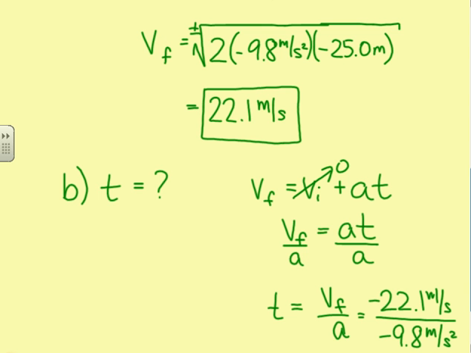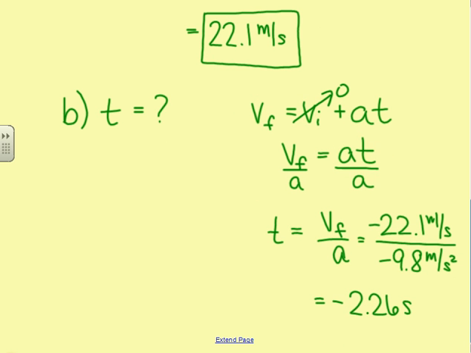This flower pot was falling downward. That tells me that its velocity should be negative. And therefore, when I do negative 22.1 divided by negative 9.8, I end up with a positive 2.26 seconds. Again, a reasonable amount of time for it to fall.